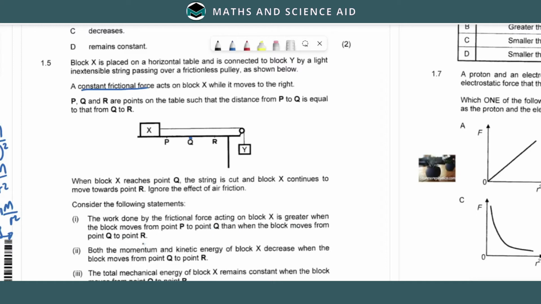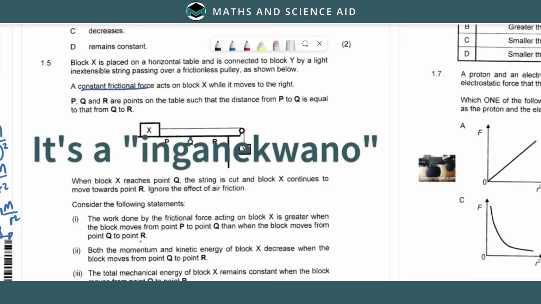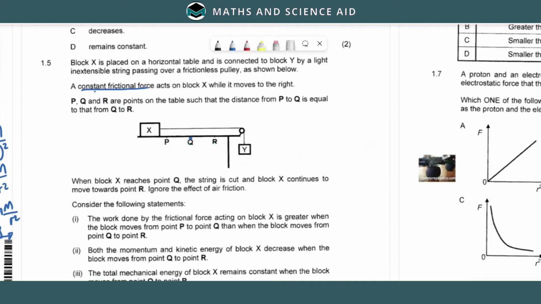Well, that does not make sense. This really does not make sense because we were told that this frictional force is constant. Remember that work is given by the product of the force and the displacement cosine of theta. So because we are considering the frictional force, the frictional force is constant.